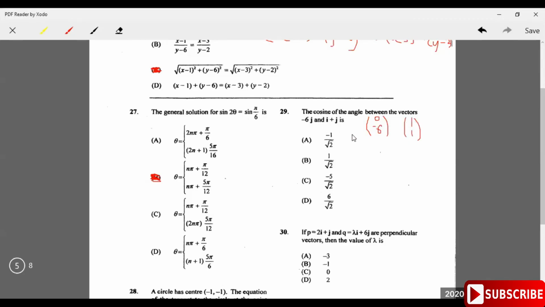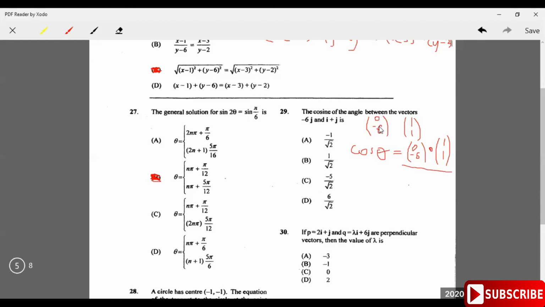So the angle between the two vectors, let's call that theta. We know that the cosine of theta is equal to the dot product of the two vectors. So we're going to find the dot product between 0, -6 and 1, 1. And then we divide it by the modulus of each vector.